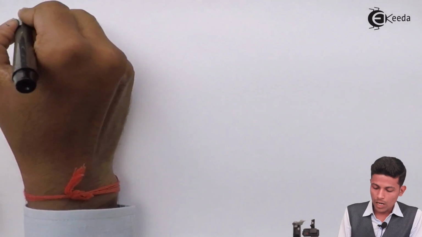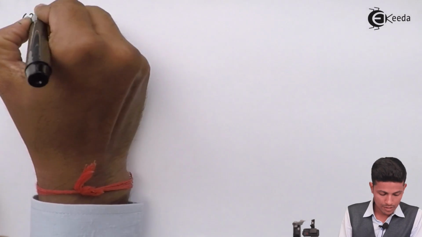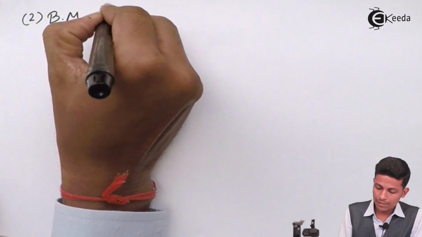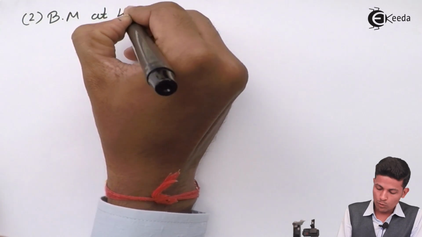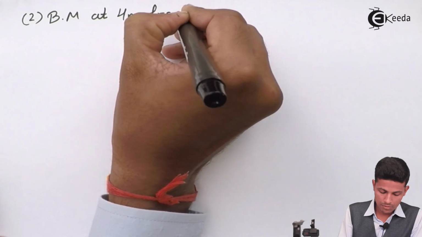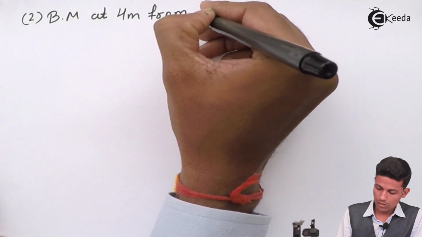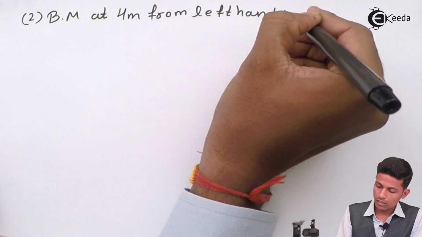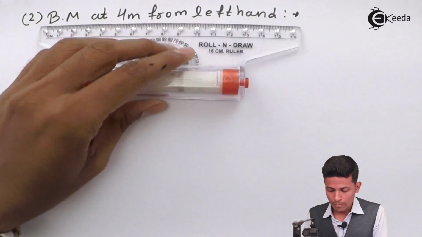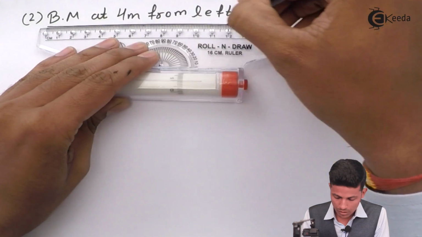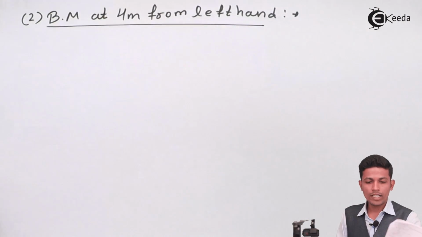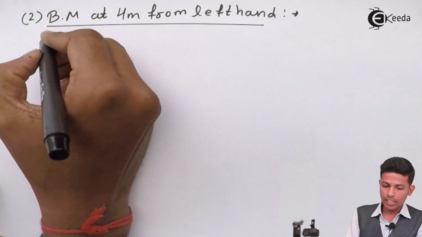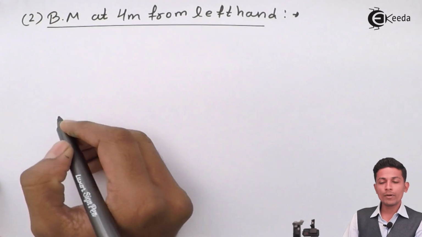Our next step is the bending moment at 4 meter from the left hand. 4 meter from the left hand means we have to take the bending moment at 4 meter from A.